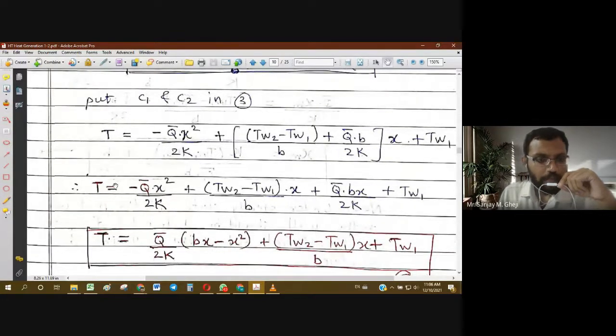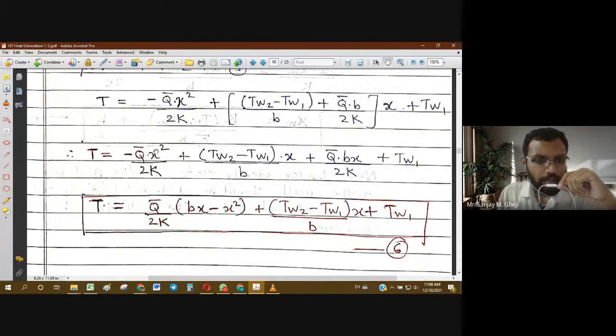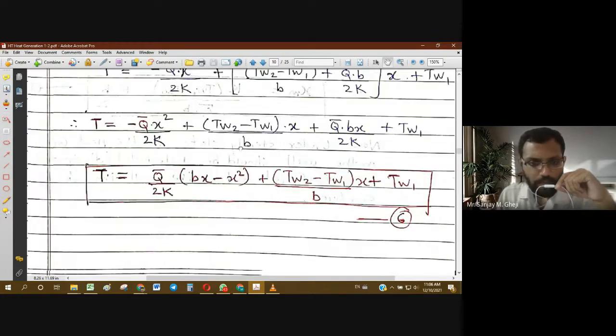Now we take the common terms and group them together. T is equal to minus q bar x square by 2k plus TW2 minus TW1 upon B into x, plus this bracket expanded into q bar bx upon 2k, plus TW1.